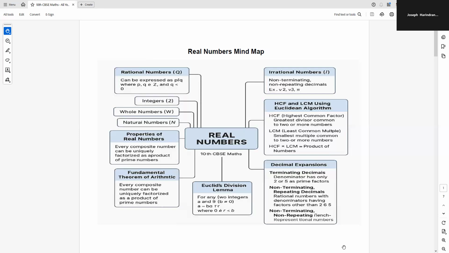For decimal expansions, there are three types for real numbers. First, terminating decimals, where the denominator has only 2 or 5 as prime factors.